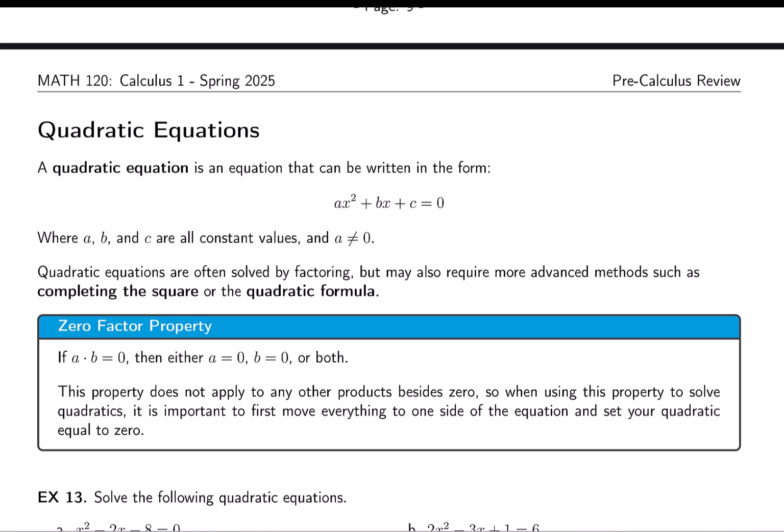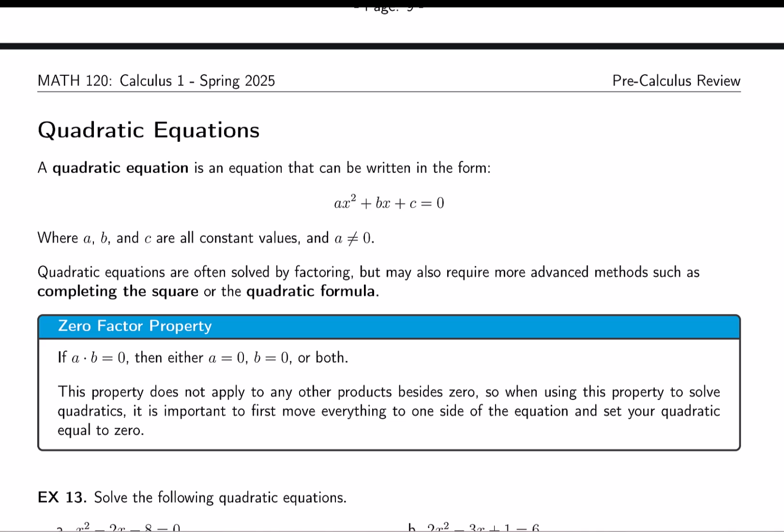I still find at this level students having skills that are below what I expect in a Calculus 1 class in terms of solving quadratics. And if you find yourself in that particular camp, then you need to get some practice. You need to get that understanding because it's a skill that can kind of make or break your success in calculus.